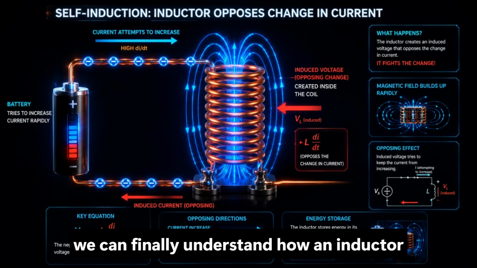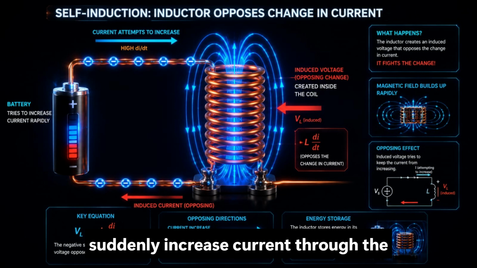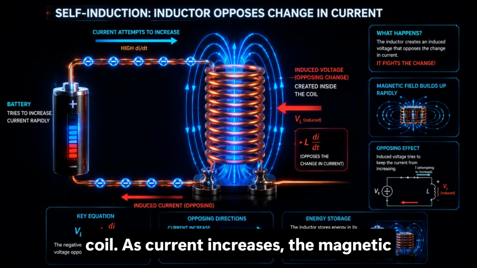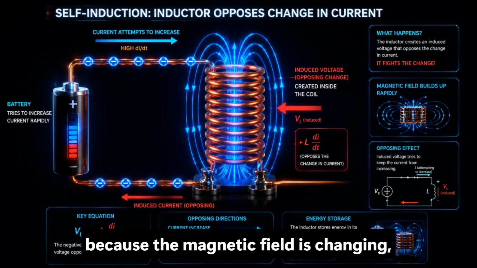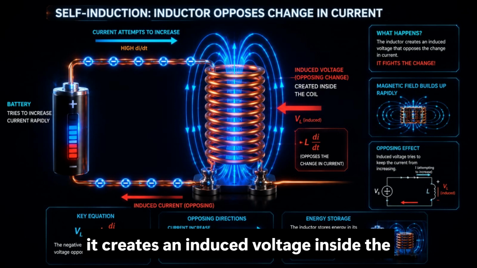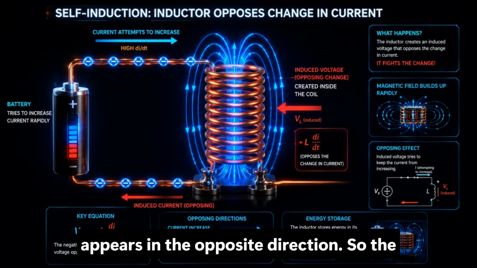Now we can finally understand how an inductor works. Suppose the battery tries to suddenly increase current through the coil. As current increases, the magnetic field around the coil also increases. And because the magnetic field is changing, it creates an induced voltage inside the same coil. But this induced voltage appears in the opposite direction.